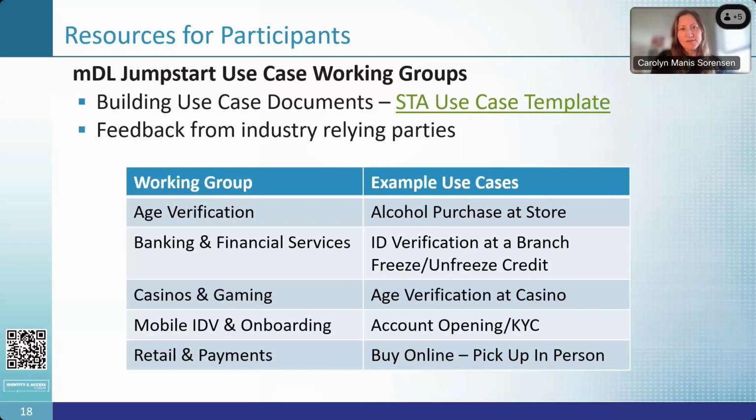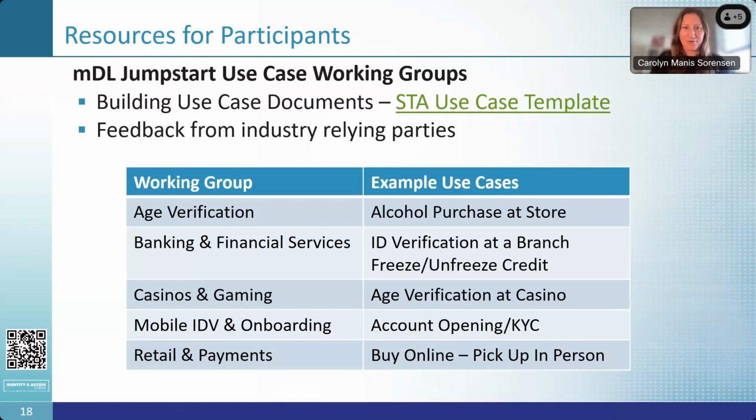So some of the examples of active working groups that are actually documenting use cases right now. And this is not to say that these are the only use cases that are accepted or anything like that. We're absolutely open to looking at all kinds of different problems that mDLs can solve. But these are just examples of some of those that are actively being discussed and captured in the working groups.